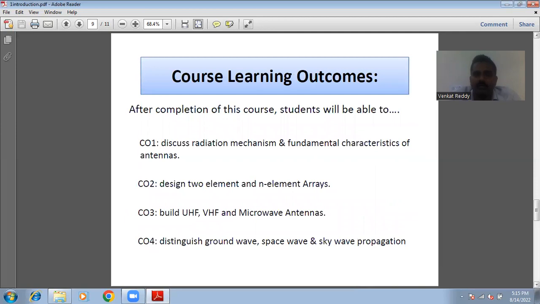What are the course learning outcomes? After completion of this course, students will be able to discuss the radiation mechanism and fundamental characteristics of antennas. This is course outcome 1, and course outcome 2 is to design 2-element and n-element arrays. We should be able to design an antenna array for a specific application, for obtaining a pencil beam.